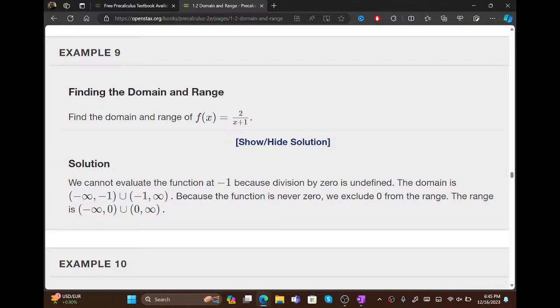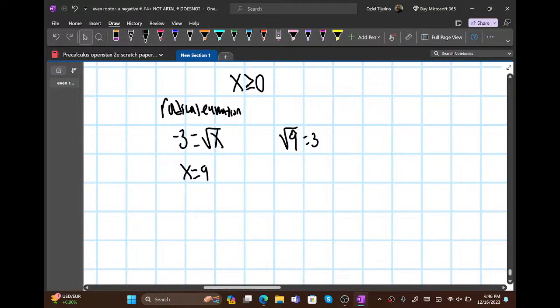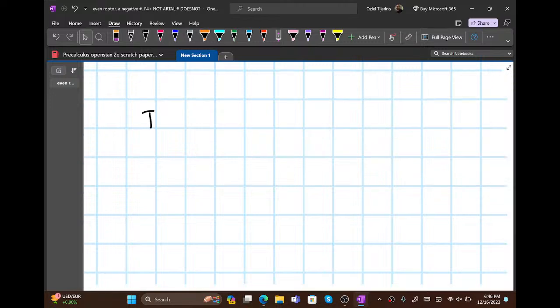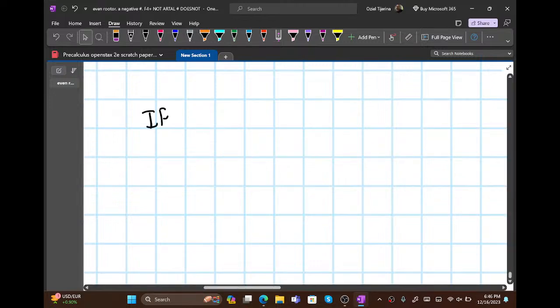So this is interesting. We know that if this is true for the domain, we will exclude 0. I want to just say this really quick.